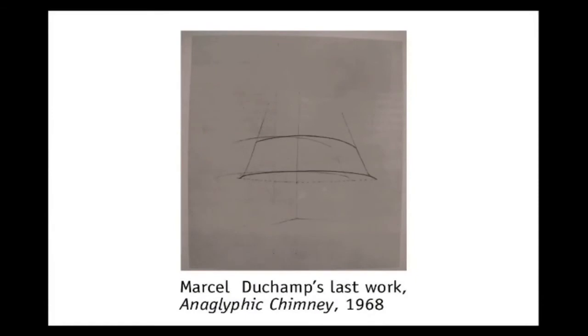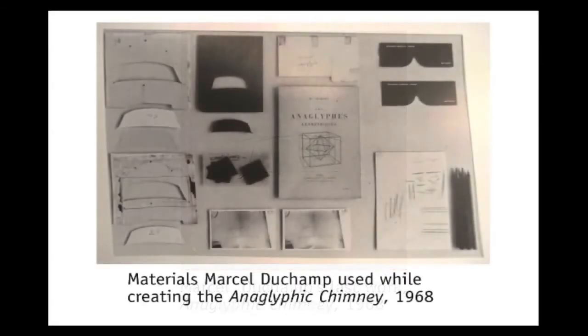Now, if we think about Duchamp's very last documented work, it is this modest-looking drawing, which is known as the Anaglyphic Chimney, 1968, where Duchamp, using something that he'd been interested in for a very long time, this book right here called Les Anaglyphes géométriques, that he originally bought in the 1930s.